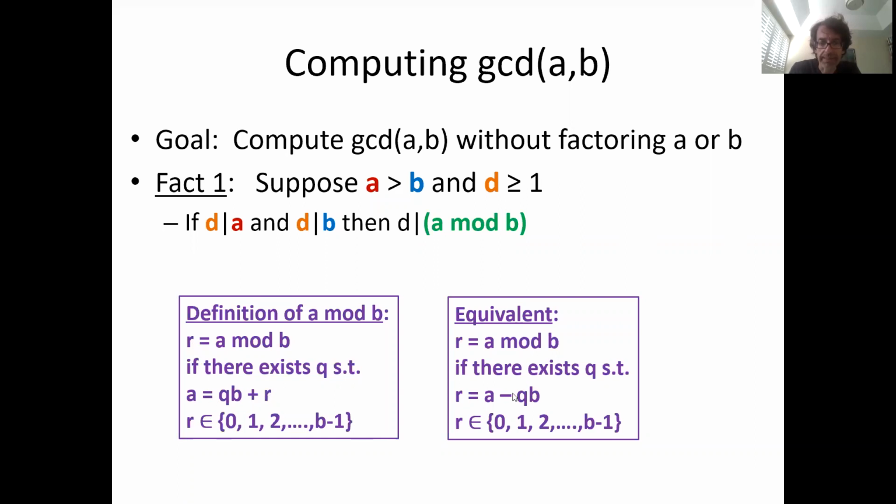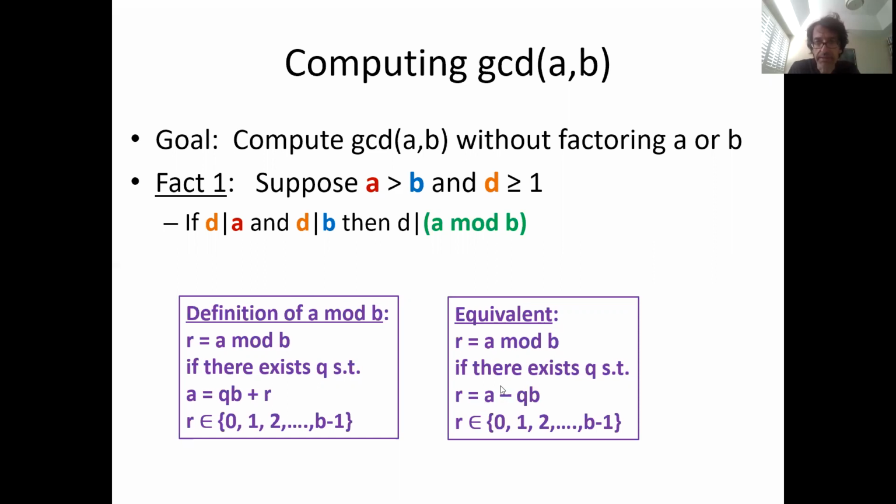You can rewrite this and put QB on this side, and it's the same equation. It says that R must be expressible as A minus some integer multiple of B, and R must be in this range. And we argued that this uniquely defines R.